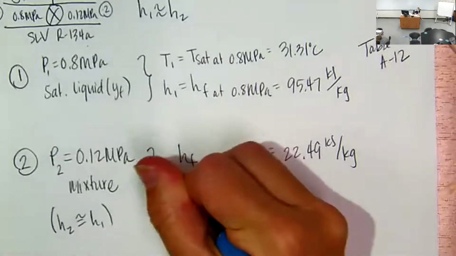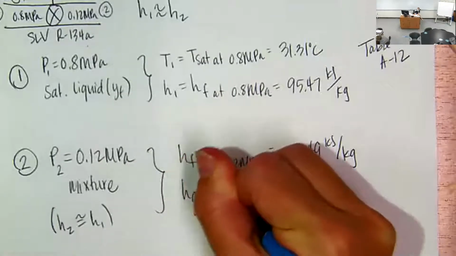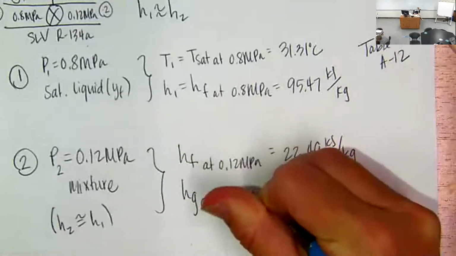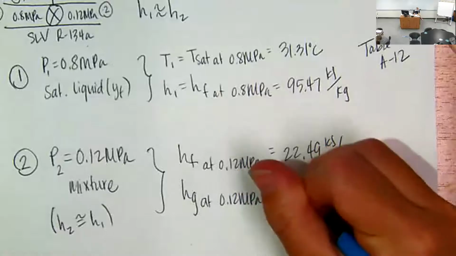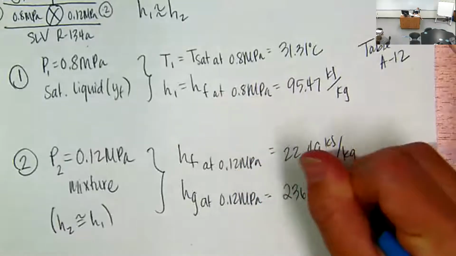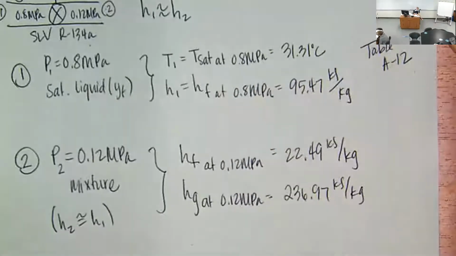And our h sub g at 0.12 megapascals is equal to 236.97 kilojoules per kilogram. Once again, I'm working with an older edition of the book because I leave my book different places. So if your values are slightly different, that's okay. If you're like, oh, mine's 237.3 or whatever, that's fine. It's just different editions of the book.